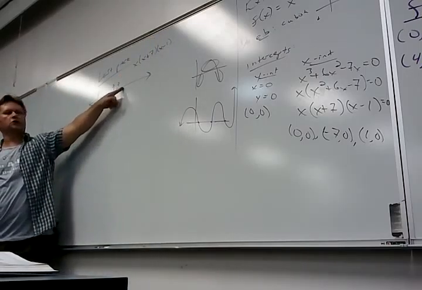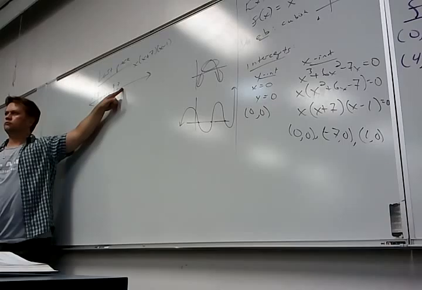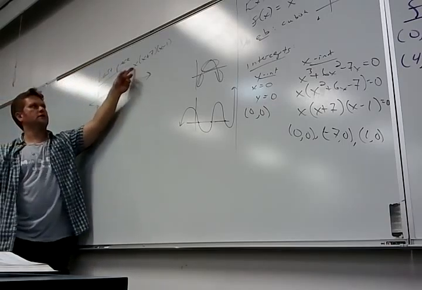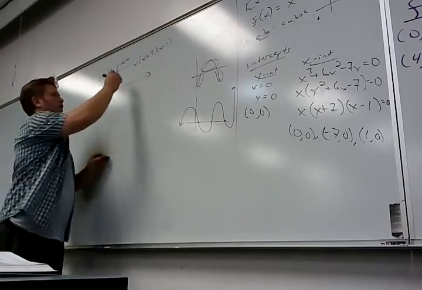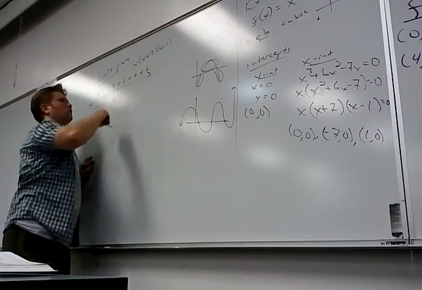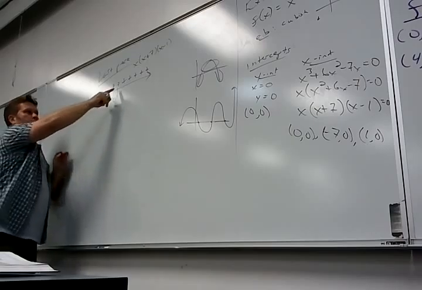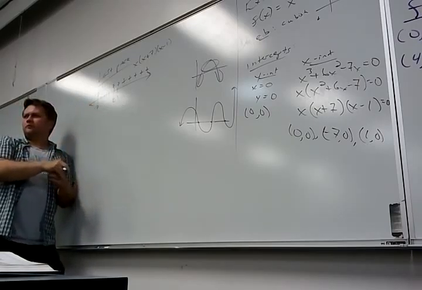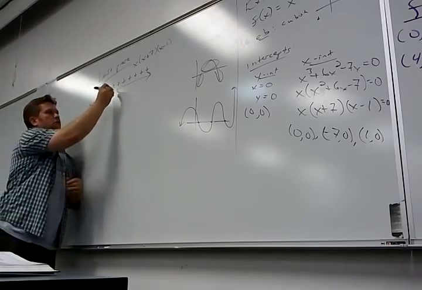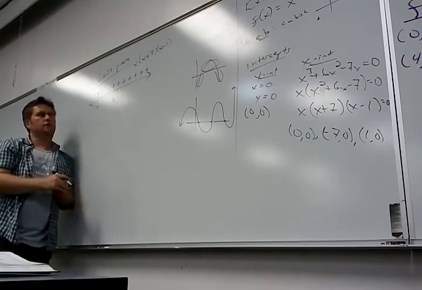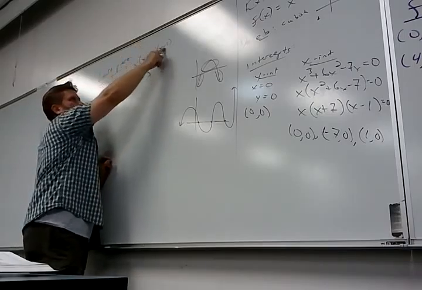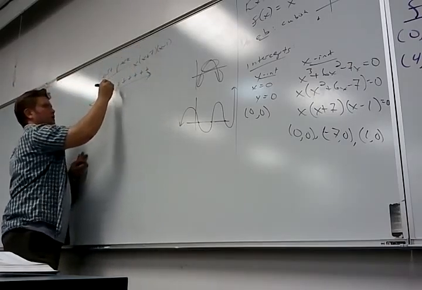If I plug in a 2, what sign comes out? Yeah, positive, positive, positive. I love it. What do I have to plug in and investigate here? There's an infinite number of things, but I could just plug in a half. When I plug in a half, it's positive, positive, negative. So it's negative overall.